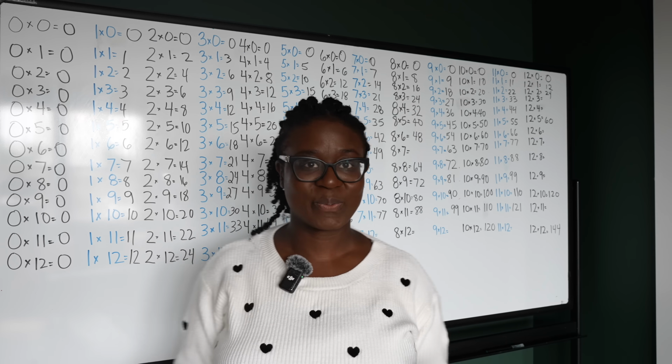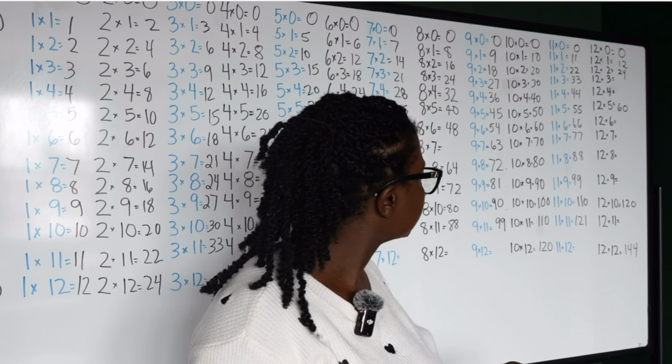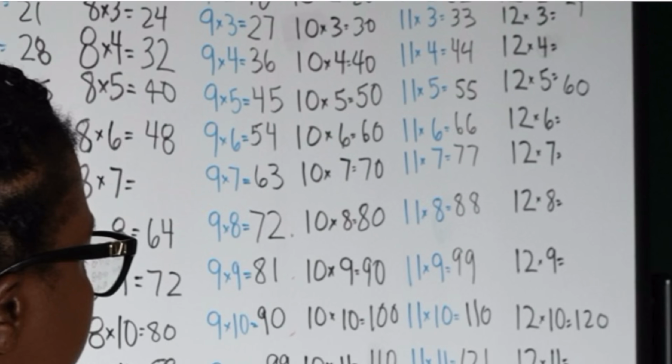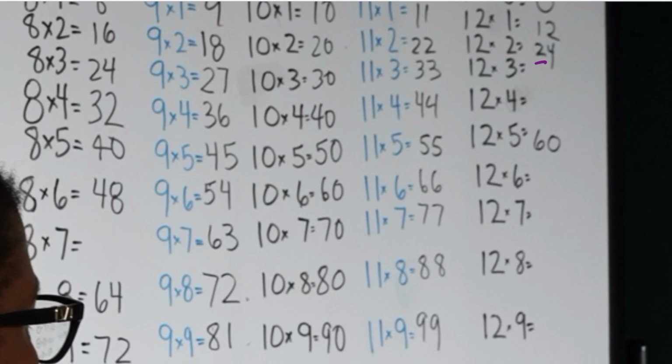There's only 2 things left to do now. The first thing is to memorize the 12s. I think the 12s are just a fun challenge to get kids to memorize. And again, just like the doubles, I think because they see a 12 and it's just a bit more memorable to have them learn the 12. So it's a little bit easier. And then also there's the fact that if you write it out like this, as you increase by 1, so 12 times 5, if we increase what we're multiplying by, so 12 times 6, we're just adding 12.